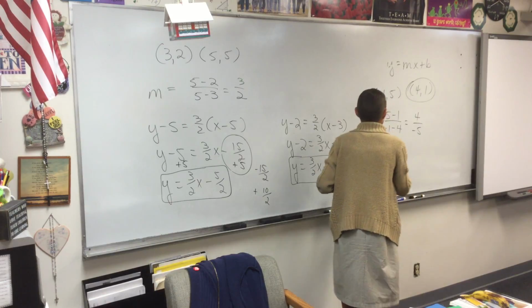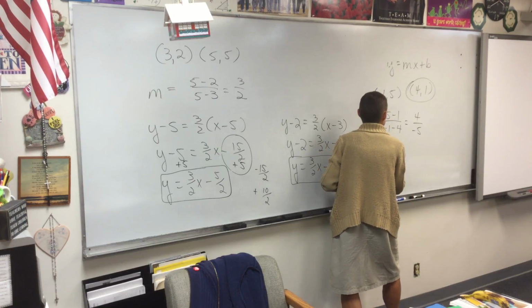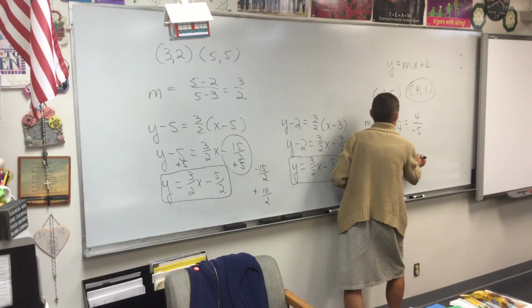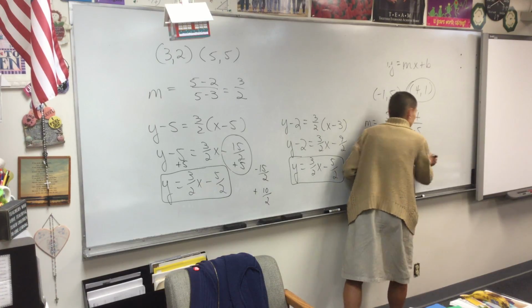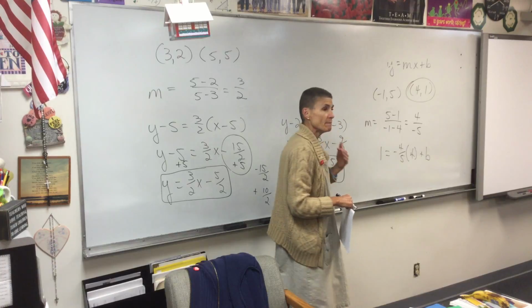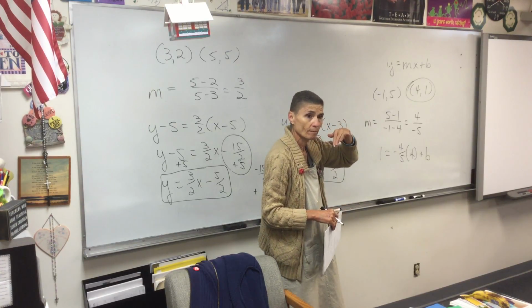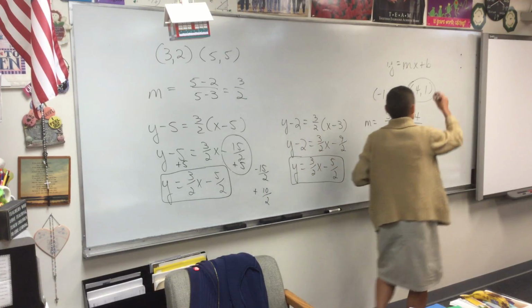So I end up with 1 equals negative 4/5 times 4 plus b. What does b stand for? It's the y-intercept.